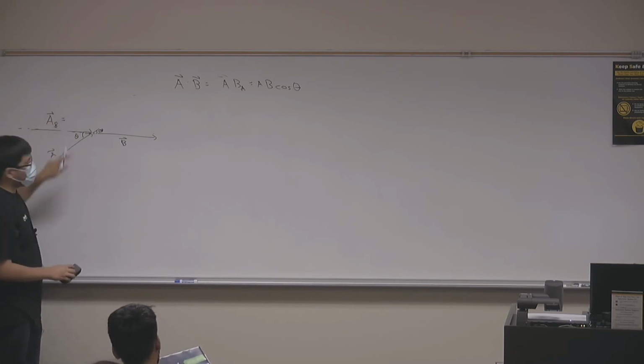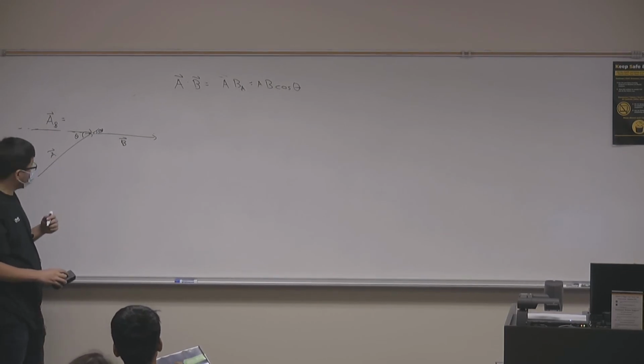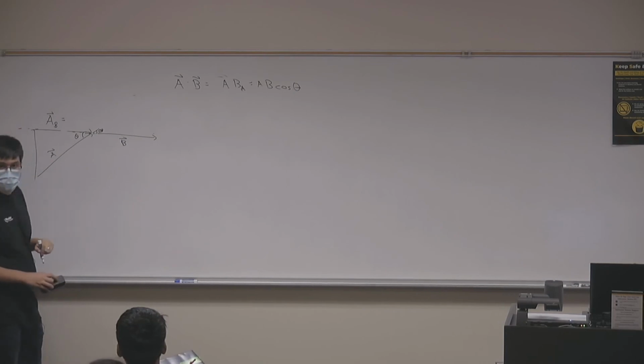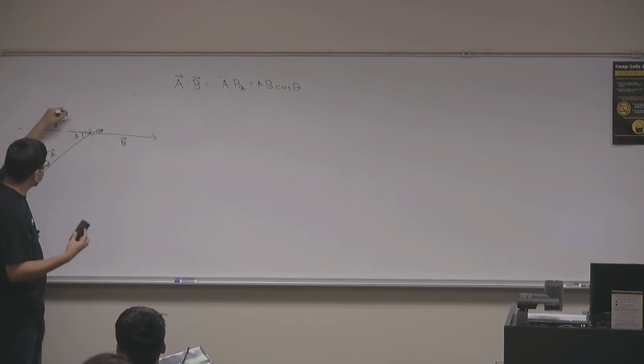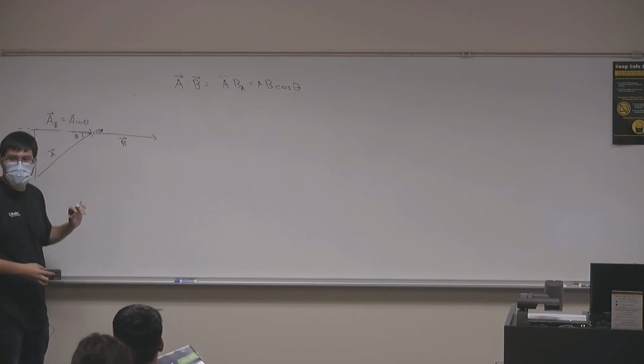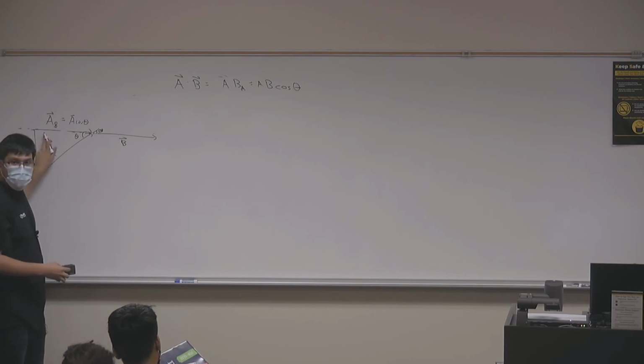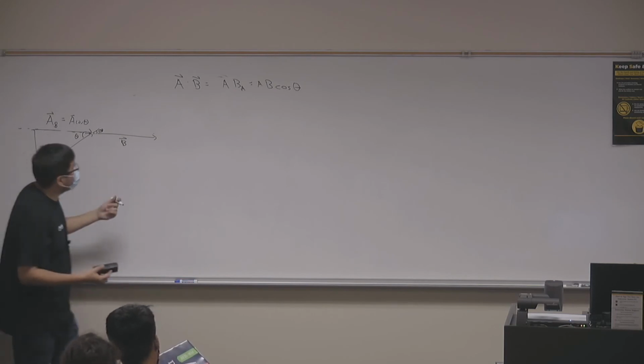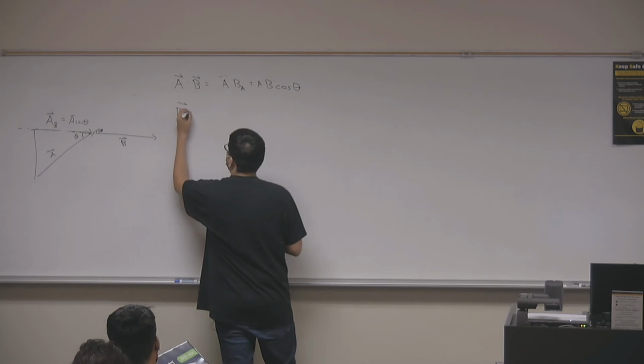How do I calculate this A sub B? Let's see, I have a hypotenuse. I have a right triangle. A cosine theta. So I have two vectors in the same direction: A cosine theta, and B. And now I can multiply them in the same way.